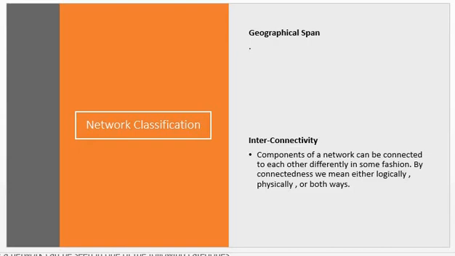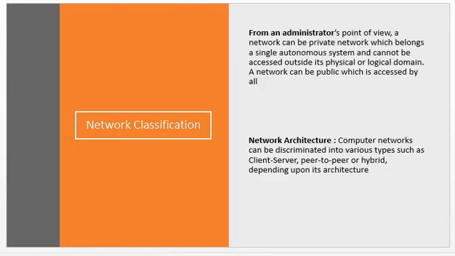Then the next classification that we want to look at is administration. From an admin point of view, a network can be a private network belonging to a single organization, or it can be a network managed by an array of administrators from different networks, which becomes an internetwork.